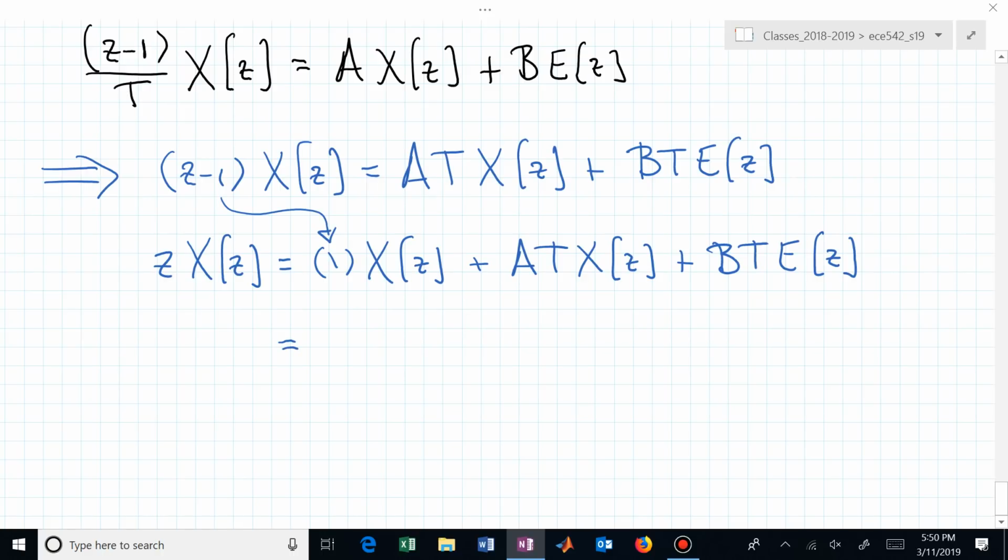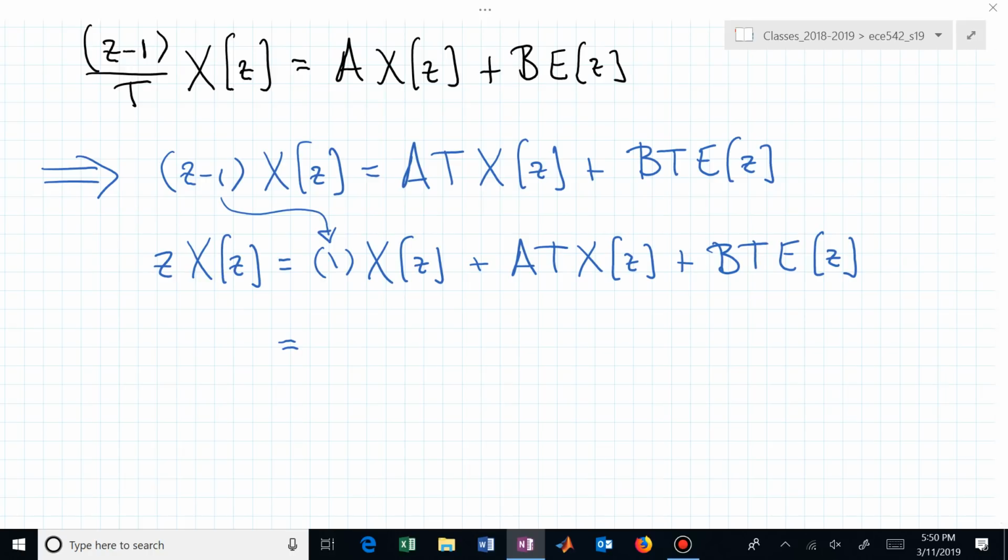In general, A is going to be bigger than a scalar. It's going to be some matrix, so that 1 we are actually going to grow and just make it the identity. That little 1 scalar could be replaced with the identity matrix, the identity matrix being dimensionally the same size as the A matrix.